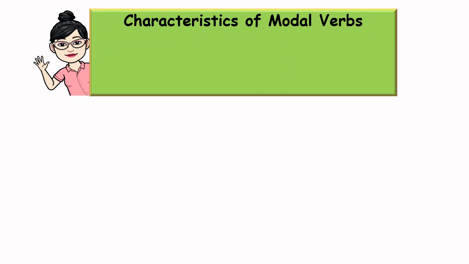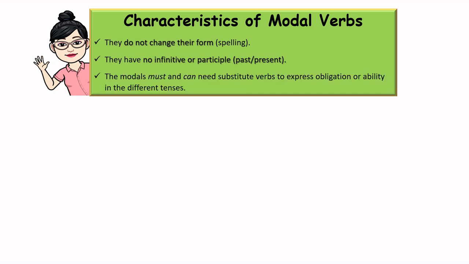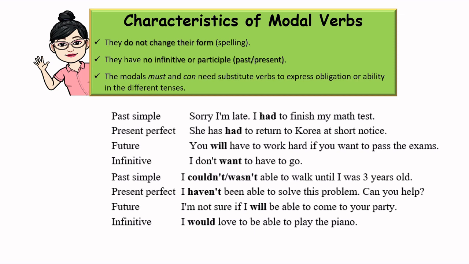Modal verbs are unlike other verbs. They do not change their form or spelling, and they have no infinitive or participle. The modals must and can need substitute verbs to express obligation or ability in the different tenses. Here are some examples.